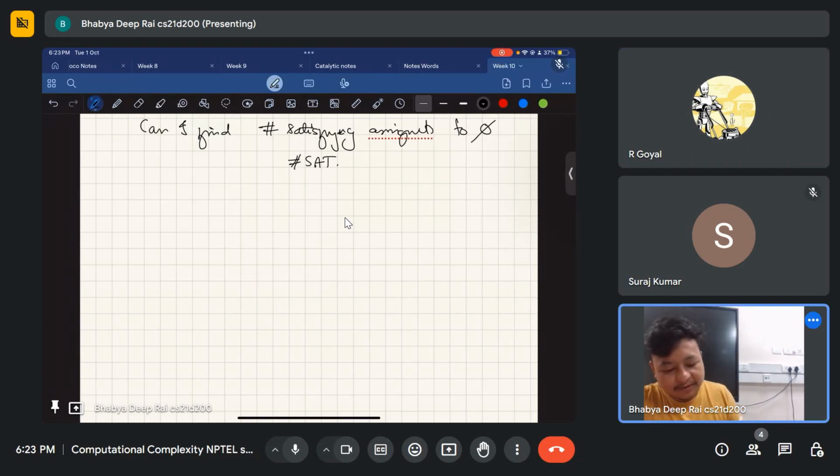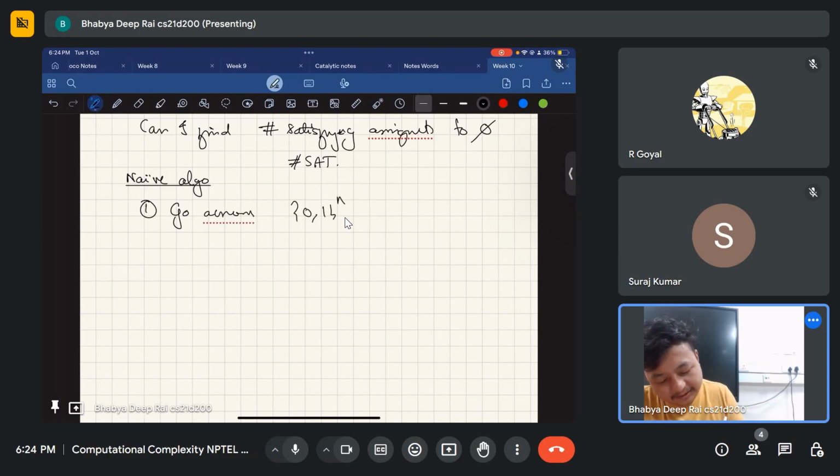Exactly. So in the worst case, you go across all assignments. The naive algorithm would be to just go across {0,1}^n and check, let's call it y, whether phi of y is in SAT using that efficient SAT solver.